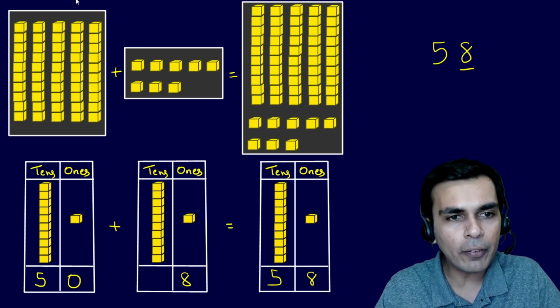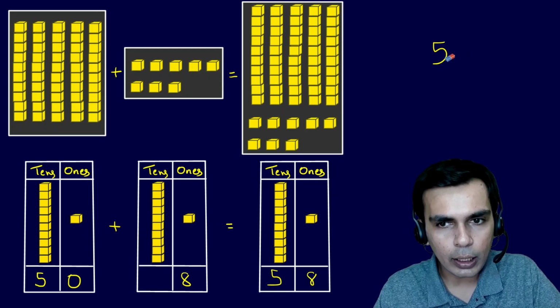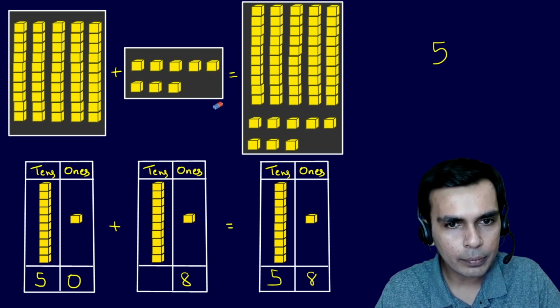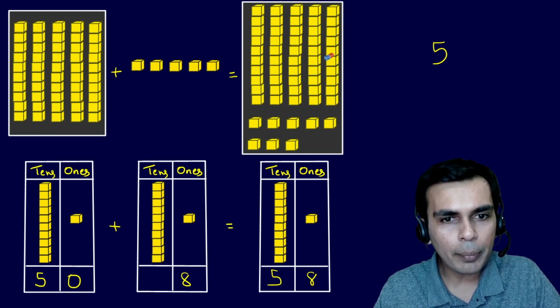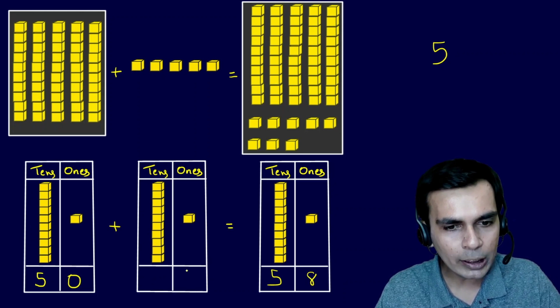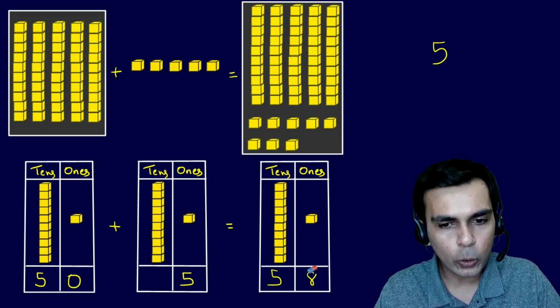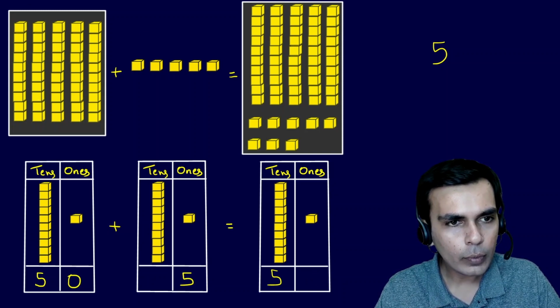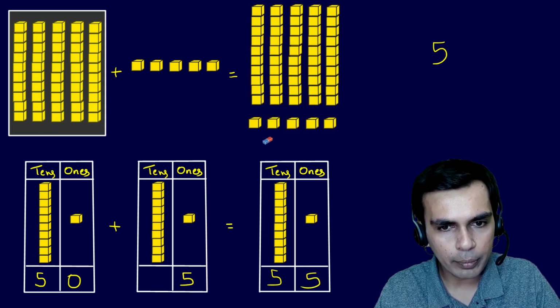So if I were to reduce these ones here, and let's say I reduce them here, I'll be using the same symbol here, which is the 5, and I would write it at the ones position, the first position, and even here my total would be 55. So I have these extra, let me delete them here.